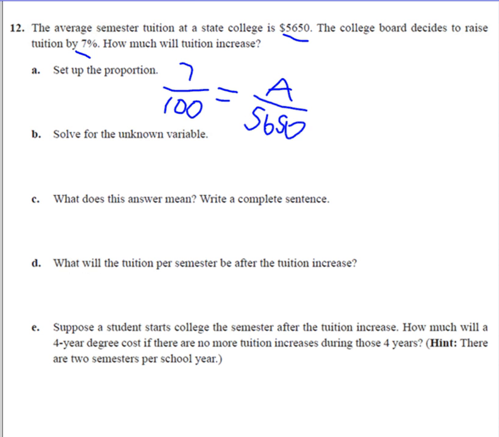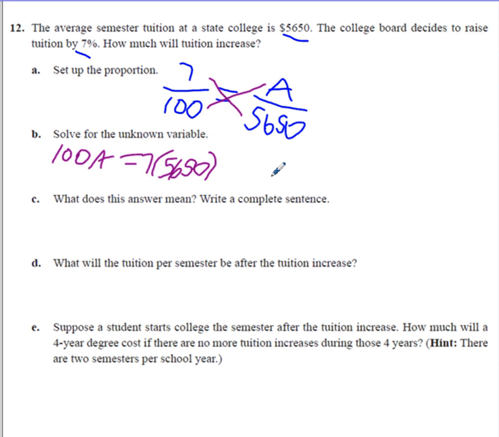Solve for the unknown. So again, we cross multiply and we'll get 100 times A equals our 7 times 5,650. And again, I'm not going to show all the work because I don't want to take up the time of you just watching me write those numbers down.